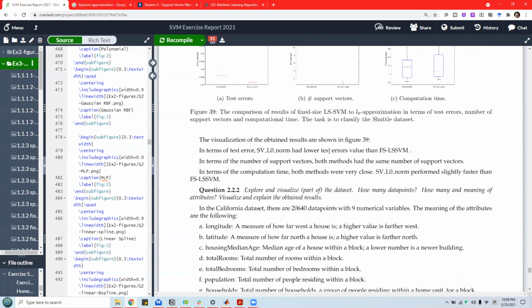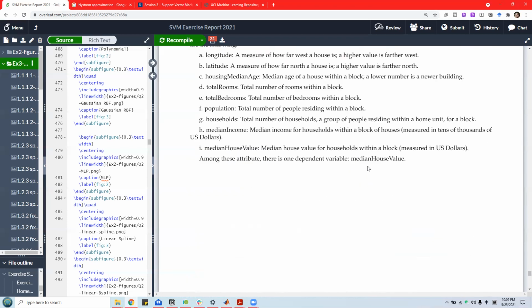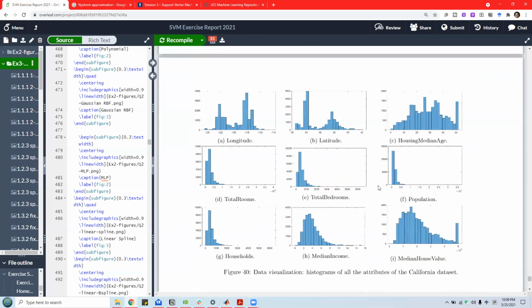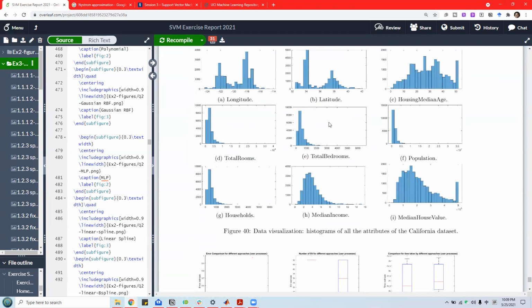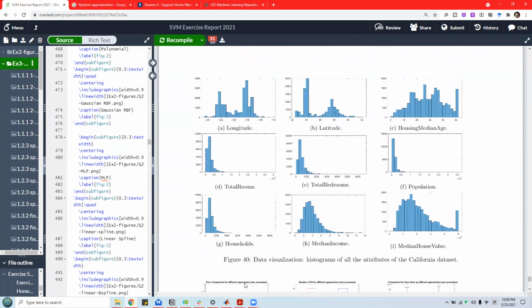You need to visualize it. Because this is a function approximation, not a classification problem anymore, I just plotted the histogram for each attribute. There are also other ways to do it.